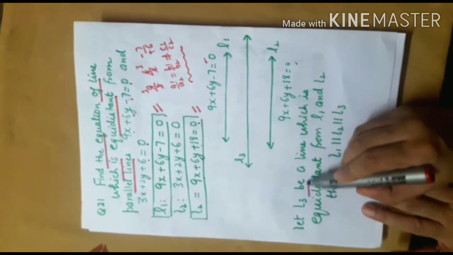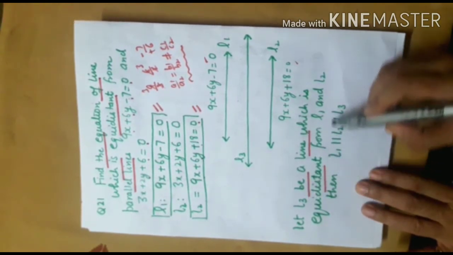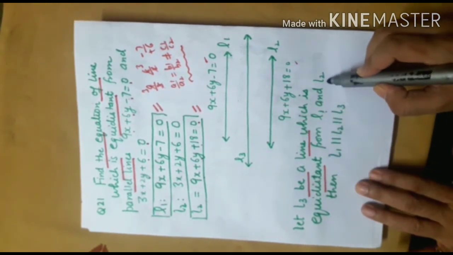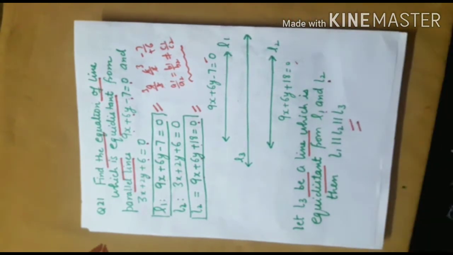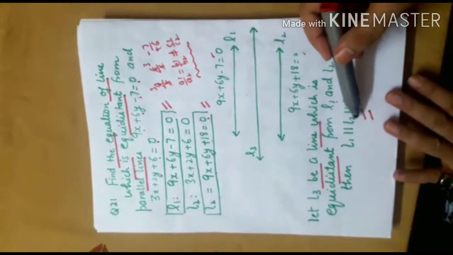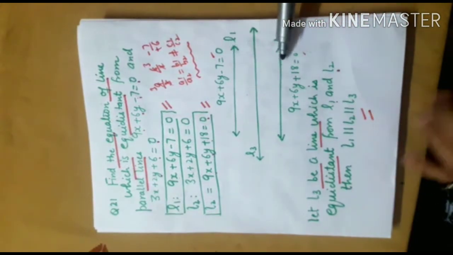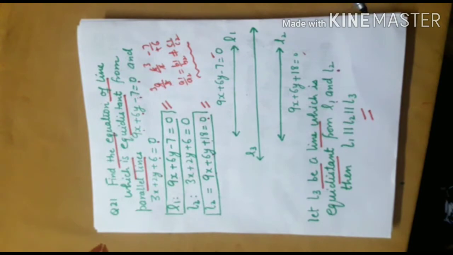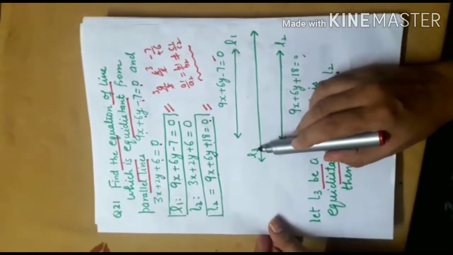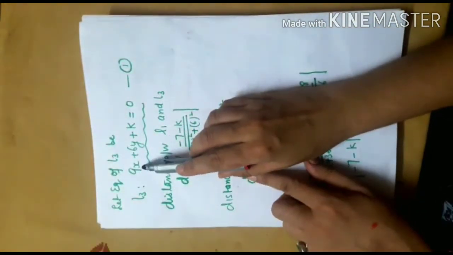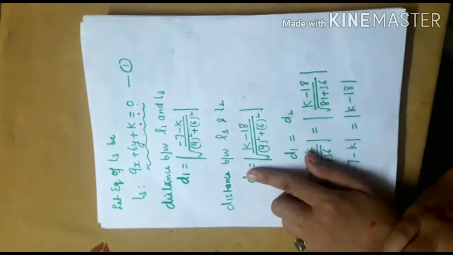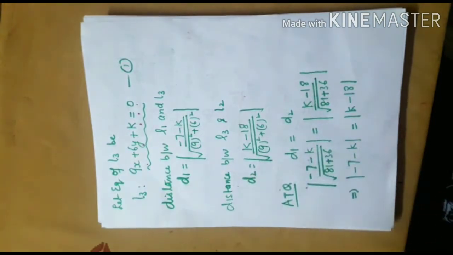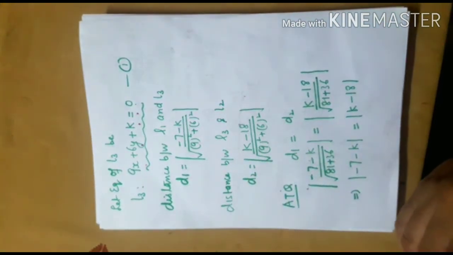So let L3 be a line which is equidistant from L1 and L2. Then these three lines will be parallel. Now as L3 is parallel to L1 and L2, do you agree? The equation of L3 will be of the form 9x + 6y + k = 0.